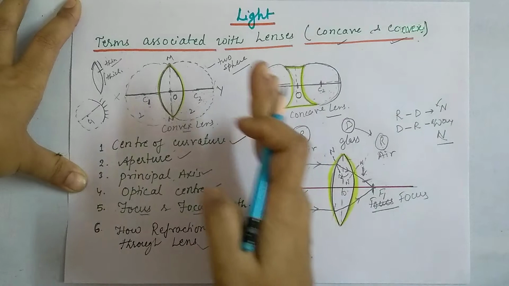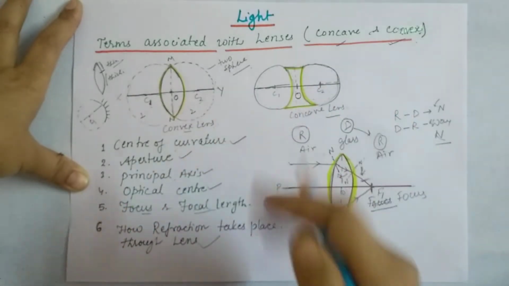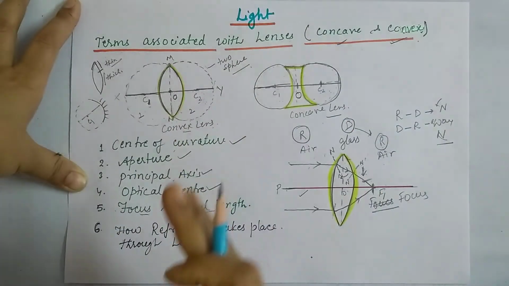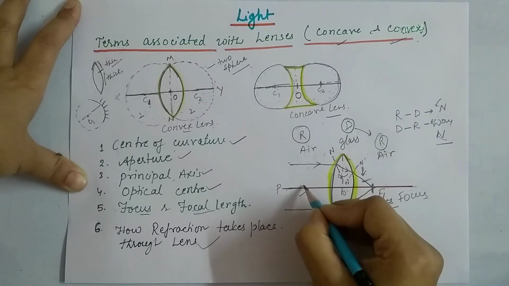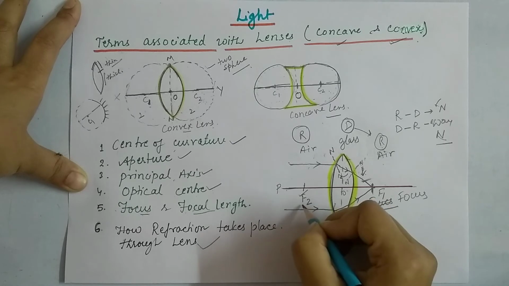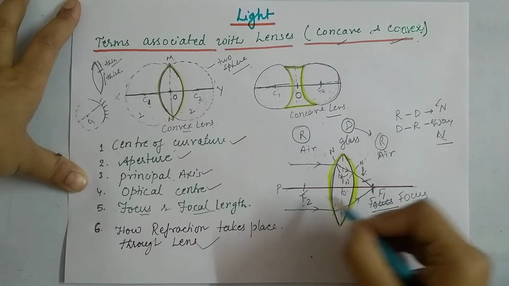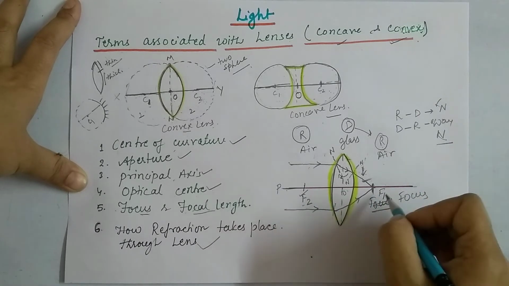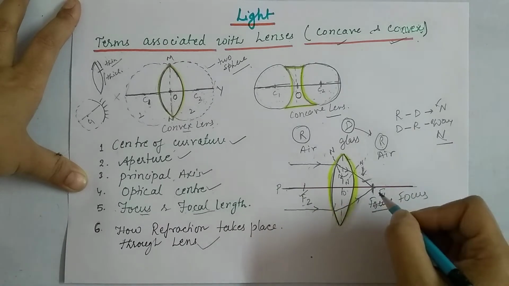Light can be incident from this side also, because it has two surfaces for refraction. So here also we can make another focus, F2. You can name them according to your convenience, F1, F2.